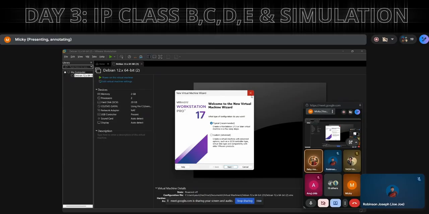If you all know how to create the virtual machine with VMware or VirtualBox, then I will go directly to our course content. So does anyone have an issue creating the virtual machine through VMware or VirtualBox? No, sir. So you downloaded the VirtualBox application and the image of Kali Linux.